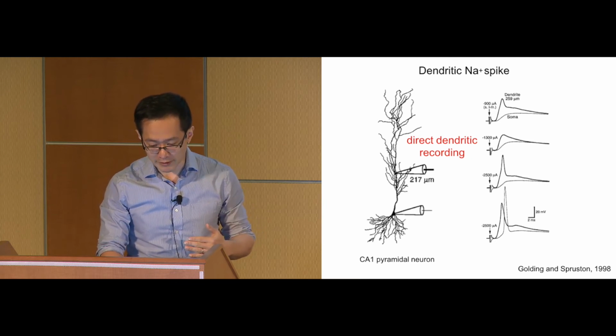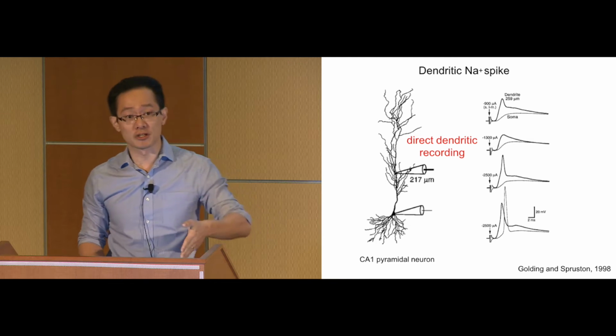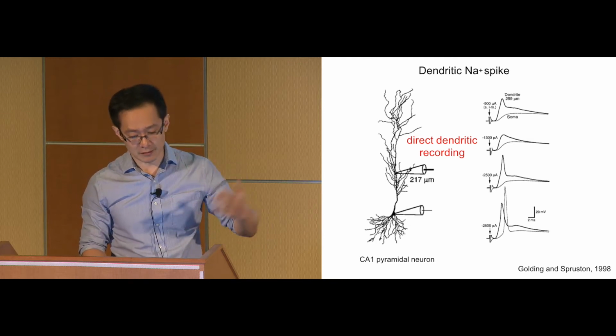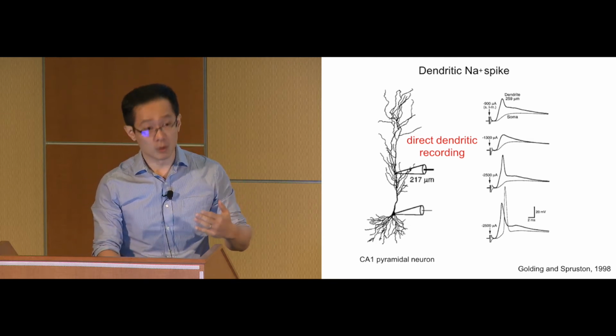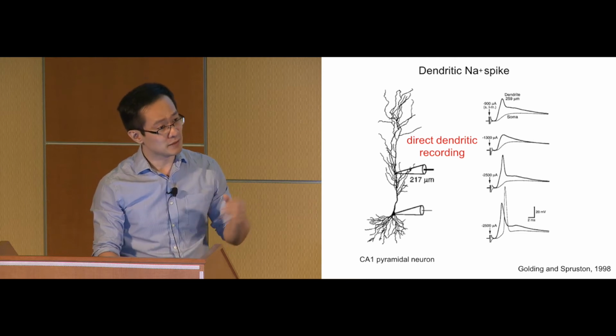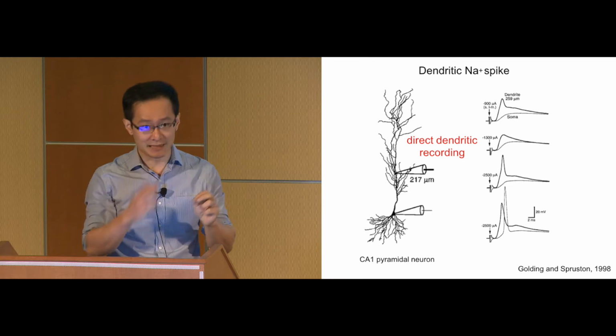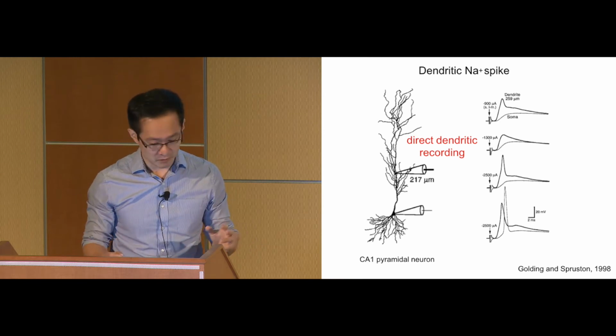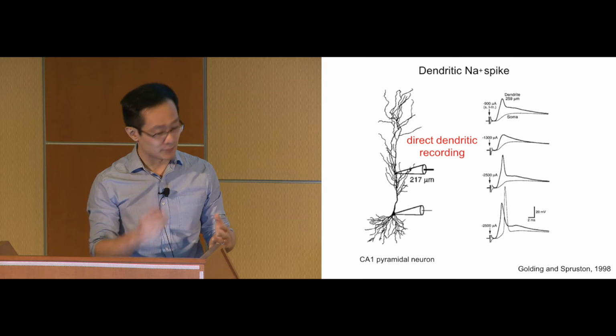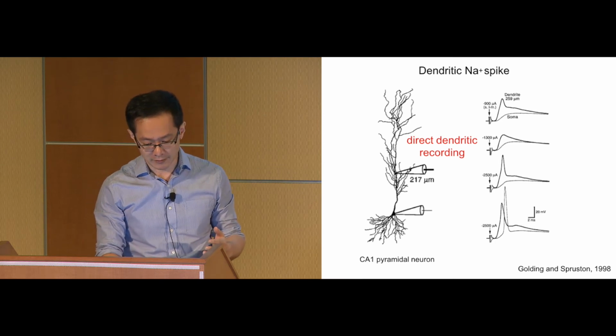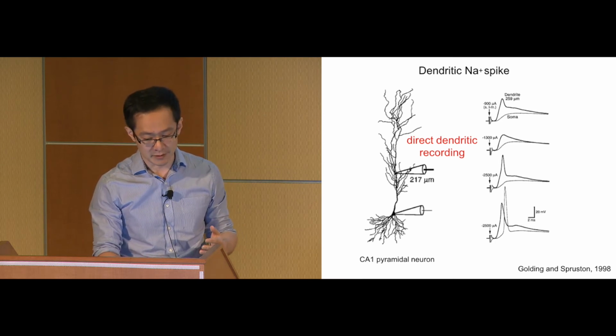At one point, the dendrites start to spike, and this is all-or-none, before the soma even spikes. This is one of the first pieces of evidence showing that the dendrite can spike on its own, without even a back-propagating action potential, because after the dendrite spikes, the cell starts to spike.